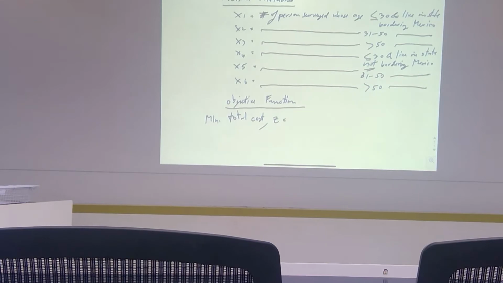It is equal to 7.5 x1 plus 6.8 x2 plus 5.5 x3 plus 6.9 x4 plus 7.25 x5 and the last one 6.1 x6.